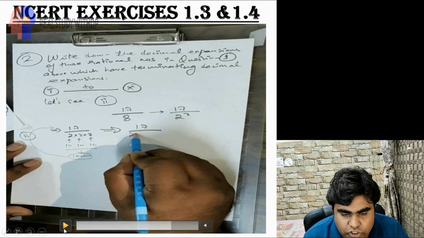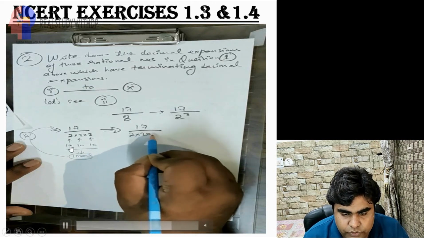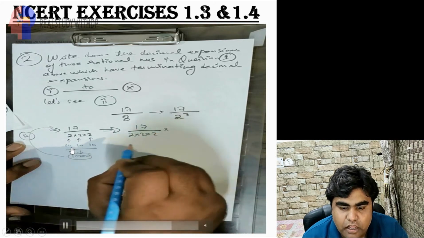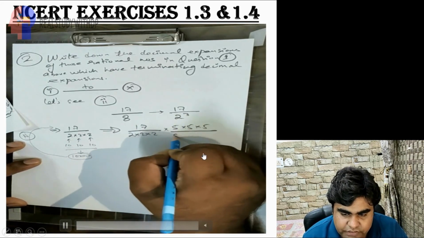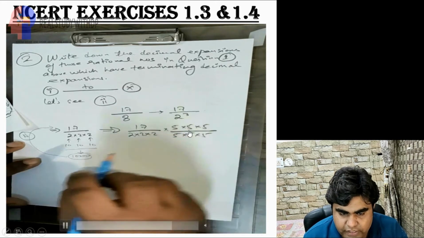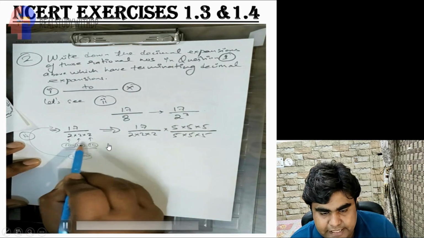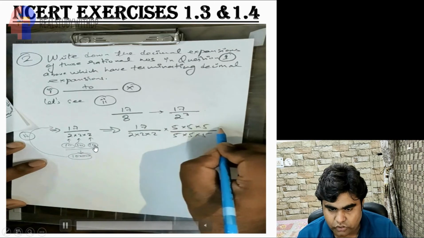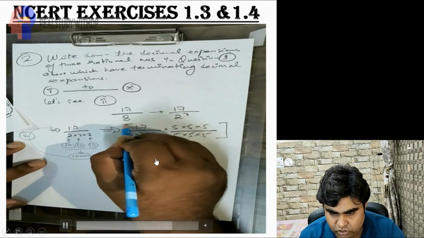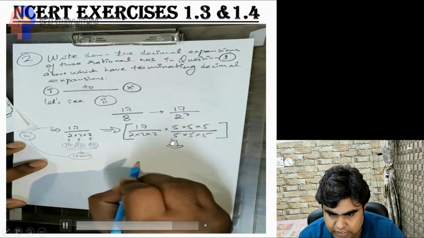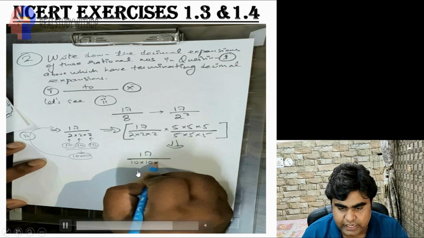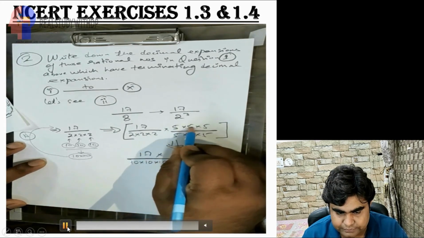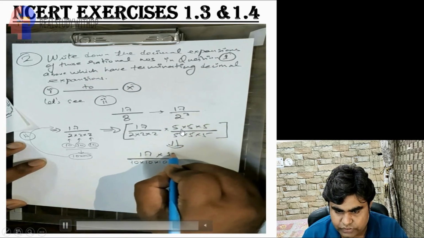In order to make these 2s into 10, we are going to multiply the numerator and the denominator by three 5s. Here we have done this in order to convert it into 10 10 10. So after converting into 10, we get this, and 5 5 5 gives 125.